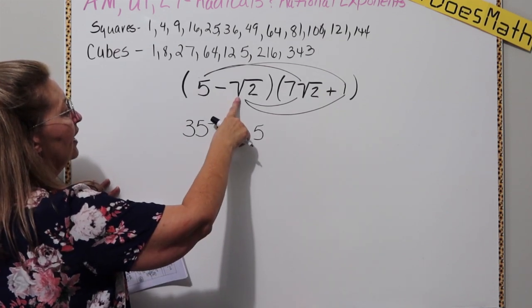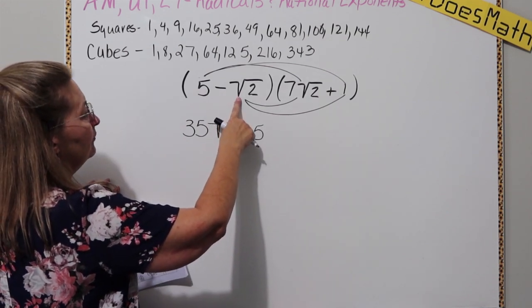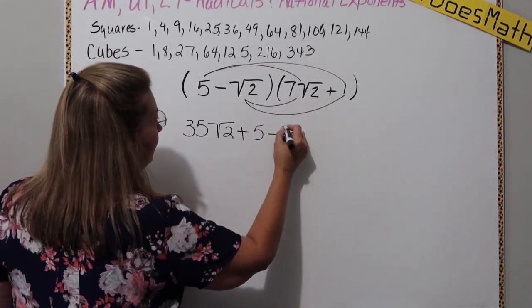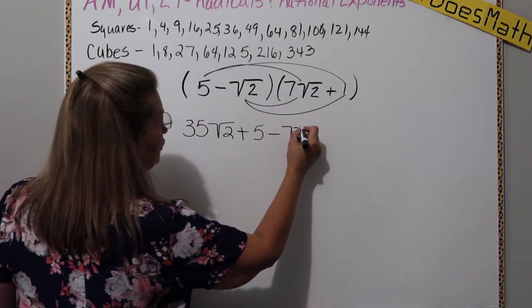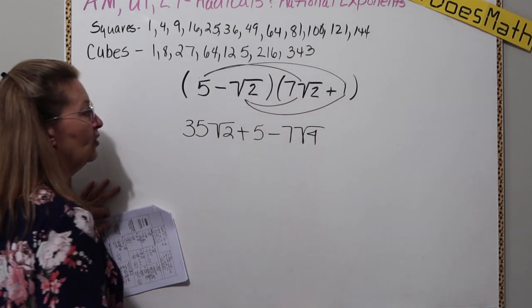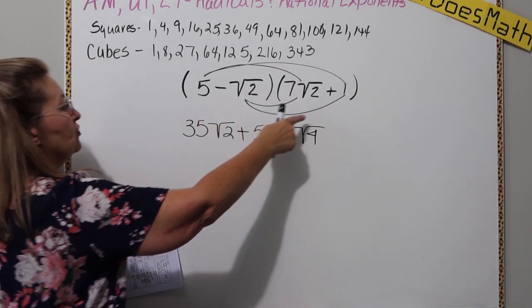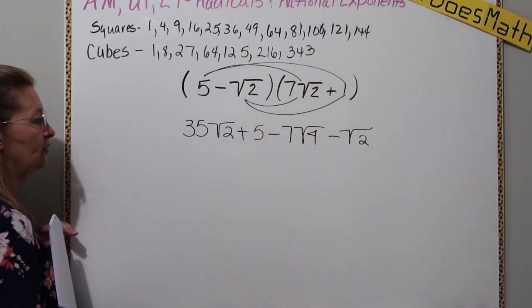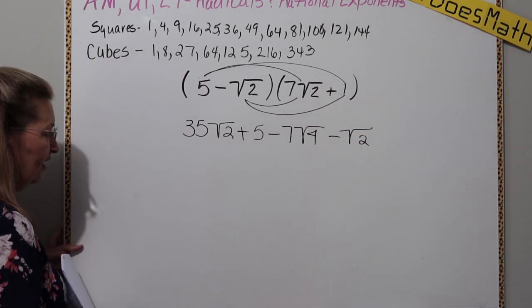Alright, let's go to this one now. A negative square root of 2 times a 7 square root of 2 is going to be negative. Now the 7 won't change, but square root of 2 times square root of 2 becomes square root of 4. And then square root of 2 times 1 is just square root of 2. Alright, let us simplify.